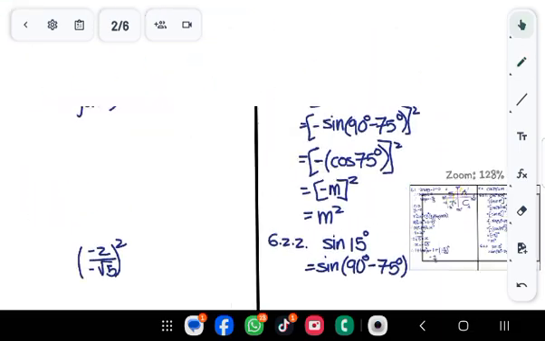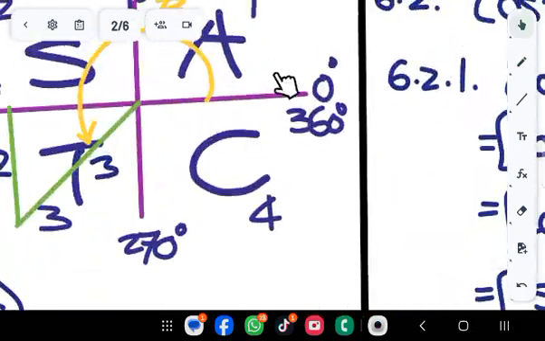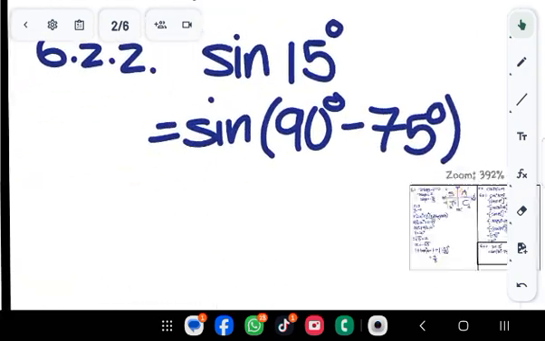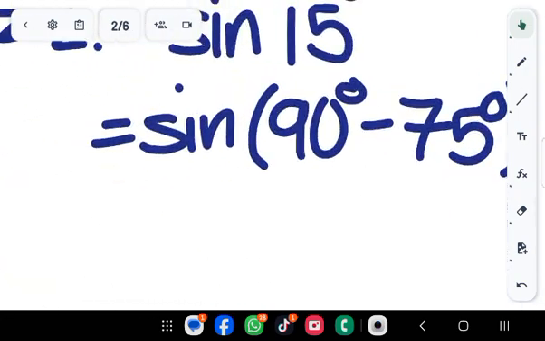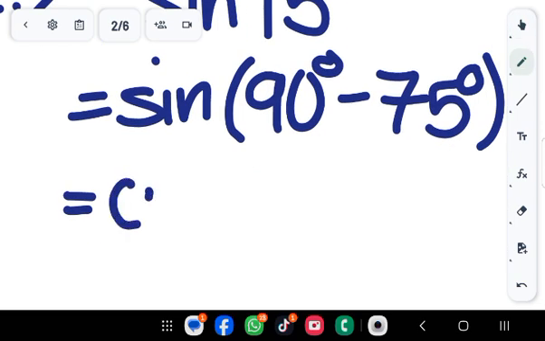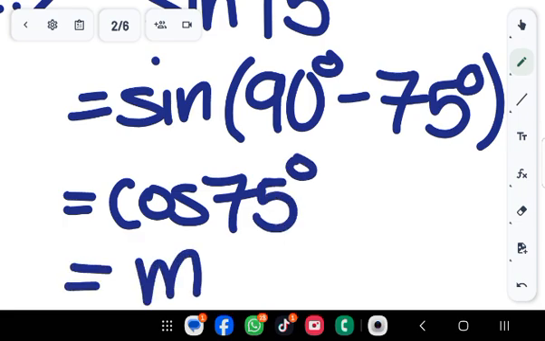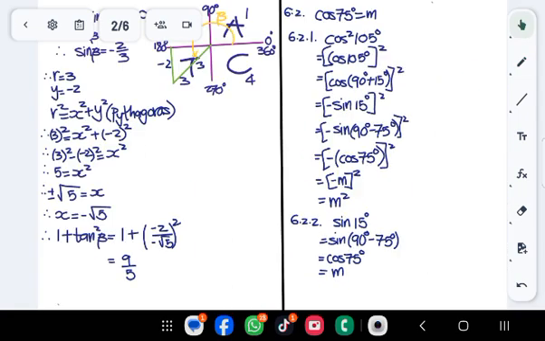This one lands us in the first quadrant. We change that to the cofunction because of the anchor angle, which is 90 degrees. So that changes into positive cos of 75 degrees, which is equal to simply m. And that's how you deal with this type of question.